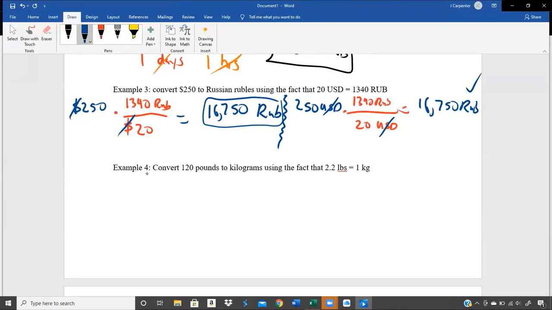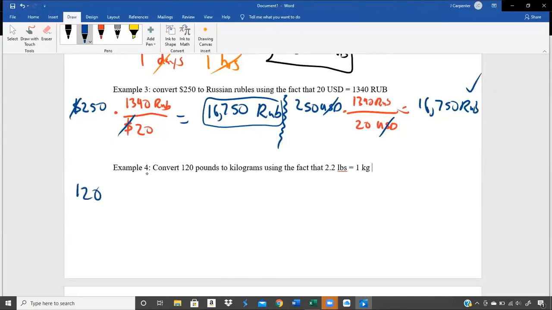You can't go, which one do I use? Because it absolutely doesn't matter if you got a calculator on hand. I said the only time it ever matters is if you don't have a calculator and you're doing this by hand, you would pick the one that makes you end up doing a multiplication instead of a division, because that's an easier process. But again, I expect all of you are going to have calculators 100% of the time.